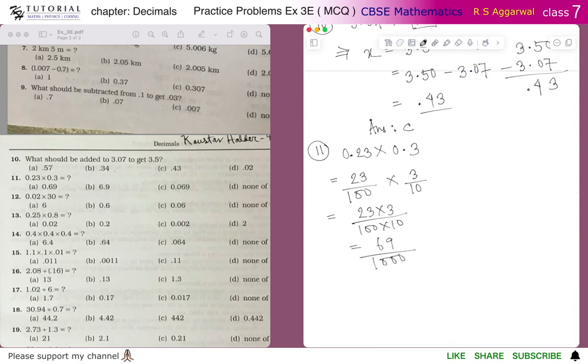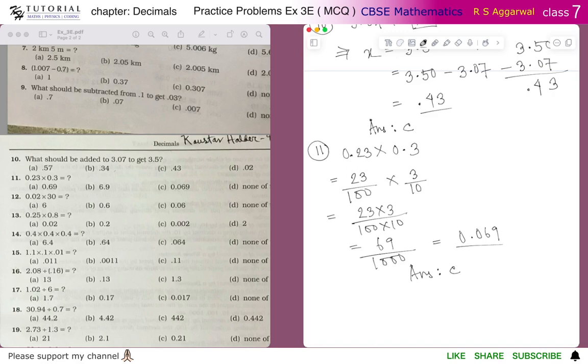So this is a decimal fraction, and when we convert this to a decimal, this will be 0.069. So this is the answer, and the choice will be C.